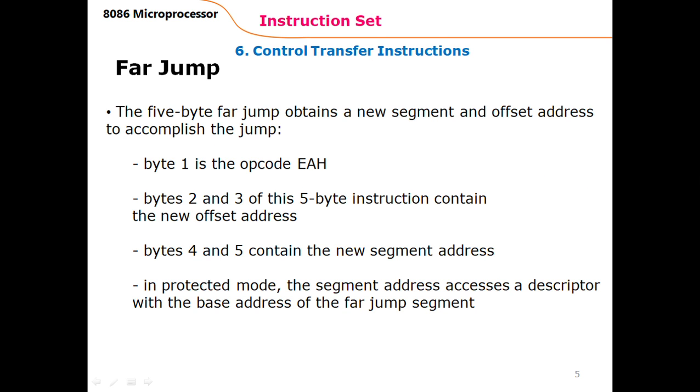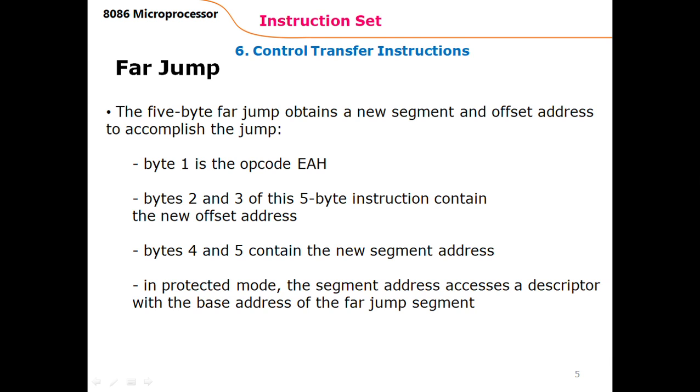The 5-byte far jump obtains a new segment and offset address to accomplish the jump. The first byte of this far jump is the opcode, which is EAH. E8 is the opcode for short, E9 is the opcode for near jump, and EAH is the opcode for far jump.